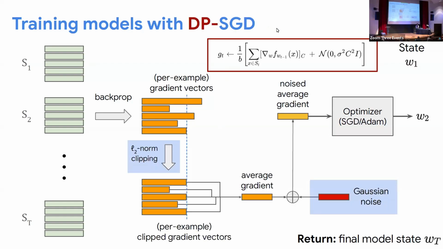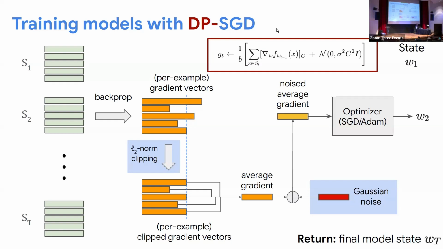Now I'll describe how we extend this to achieve differential privacy in DPSGD. Again, we start with the batches of data, and then we compute the per-example gradients. But this time we clip the gradient vectors by the L2 norm. This ensures that the contribution of each example is bounded, and this helps to achieve the DP guarantee.